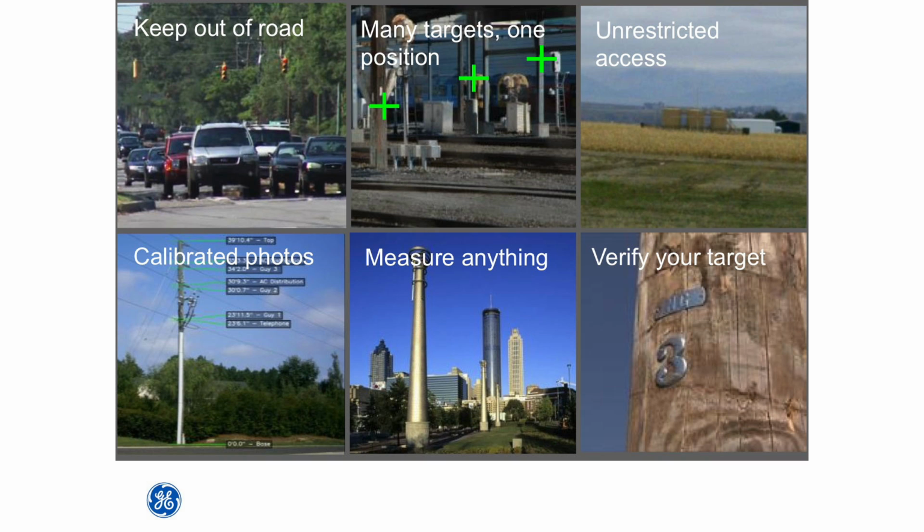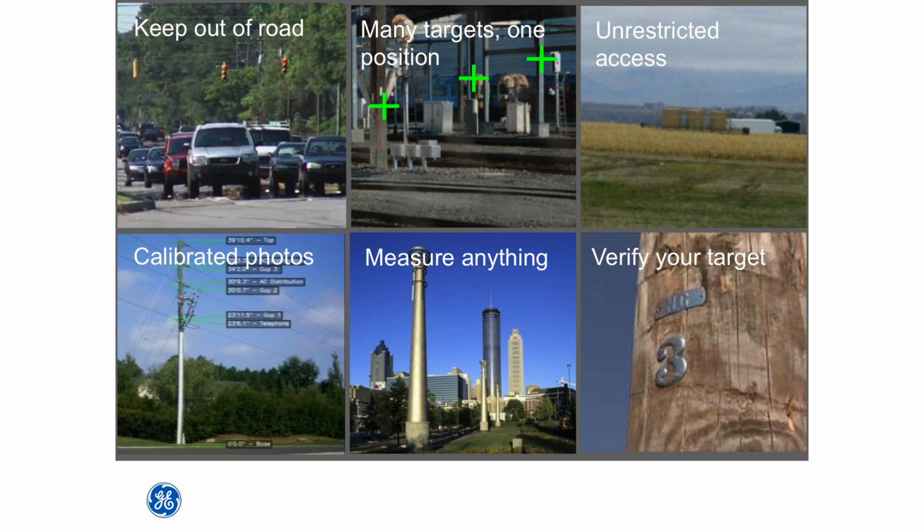Unrestricted access: you'll find that on the device you have tools to be able to zoom up from far away to assets. You're able to pretty much collect anything behind a fence or that's out in a field. We can measure anything you can see and take a picture of. And most importantly, you always can verify your target.